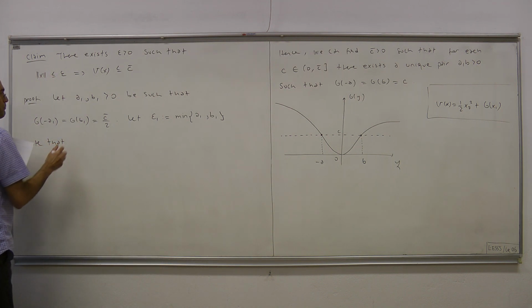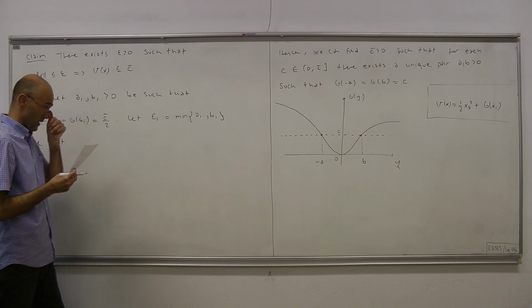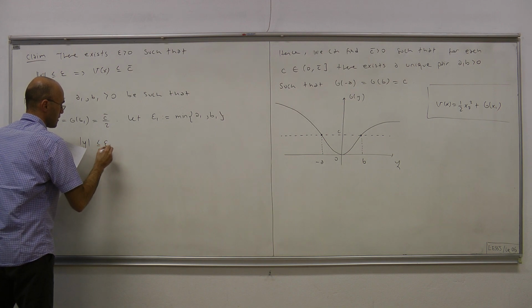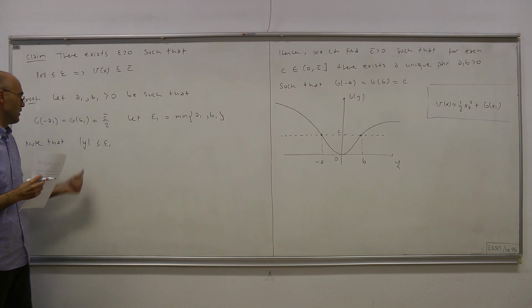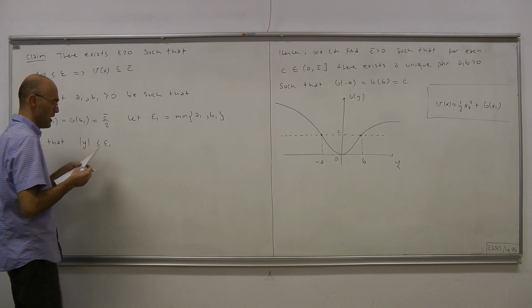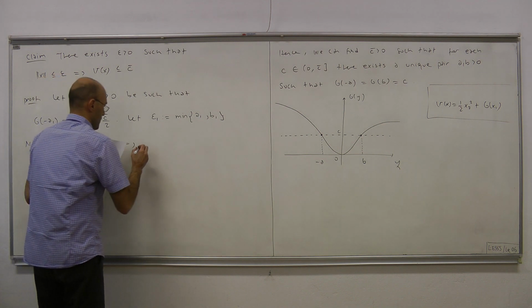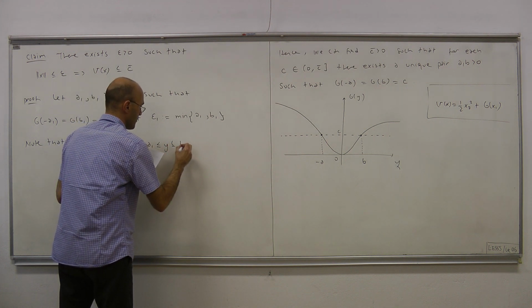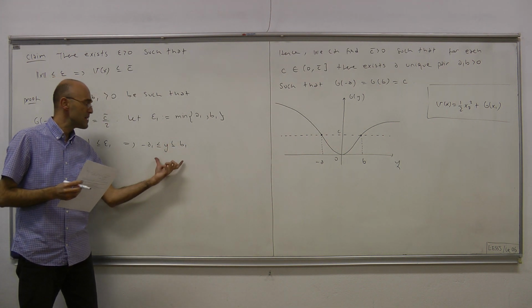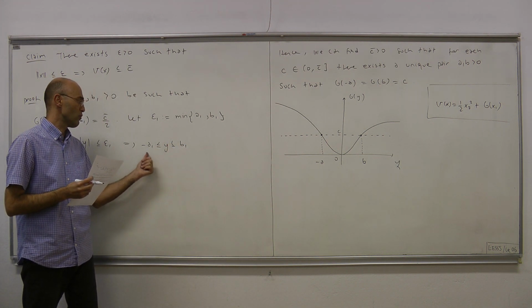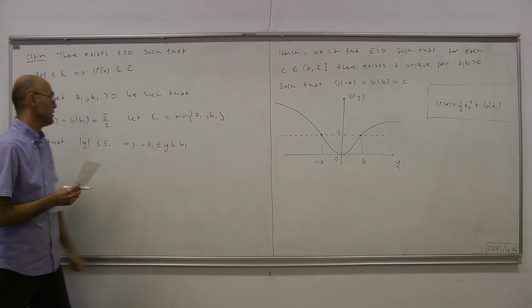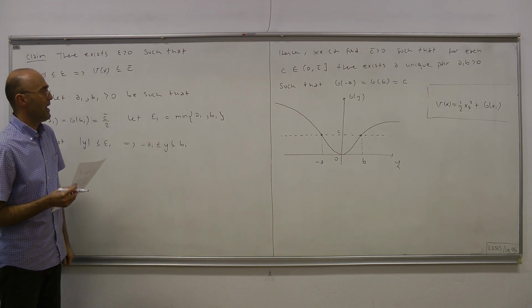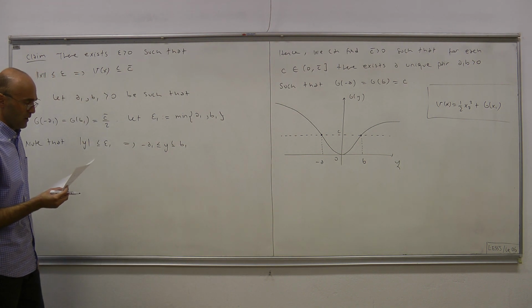Note that for this epsilon 1, if the magnitude of y is smaller than epsilon 1, then y must necessarily be in this interval from minus a1 to b1, because epsilon 1 is chosen as the smallest of the magnitudes of a1 and b1.